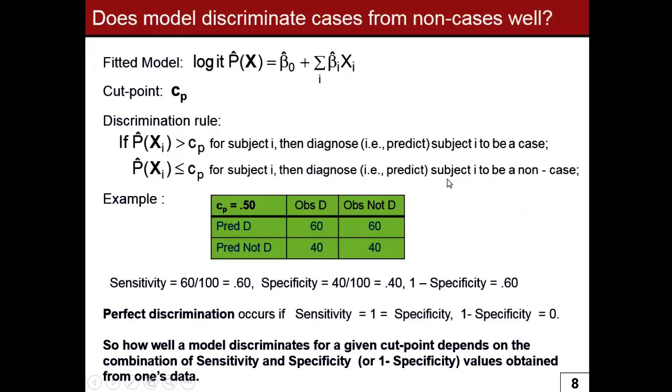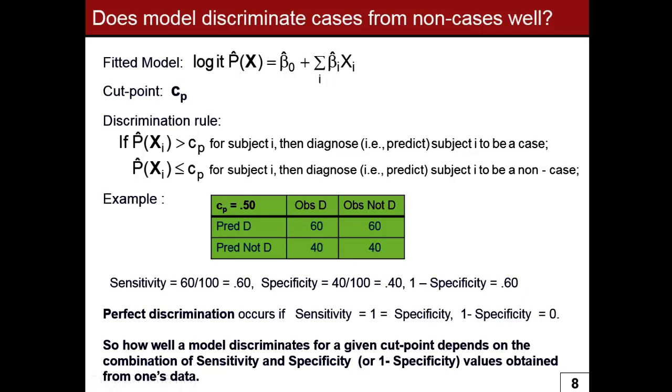And the basic idea here is that we're going to evaluate the model at different cut points in order to illustrate how good the model is. What I mean by cut point is that somewhere between 0 and 1, we're going to make different cut points, which we'll call CPs. Everyone above this cut point, we're going to call a case, and everyone below it, we're going to call a non-case.